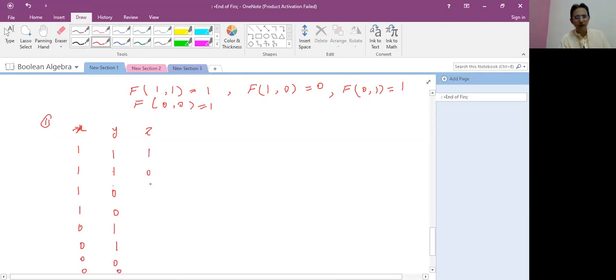Similarly, for the 3rd variable, 1 0 1 0 1 0 1 0.